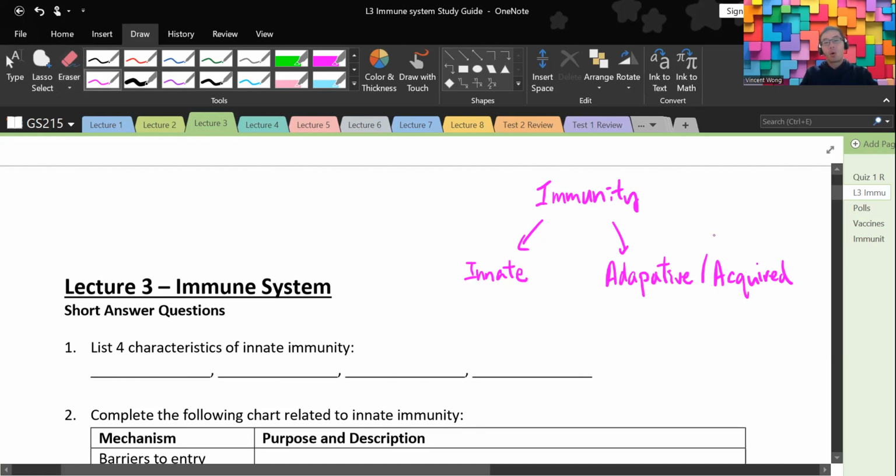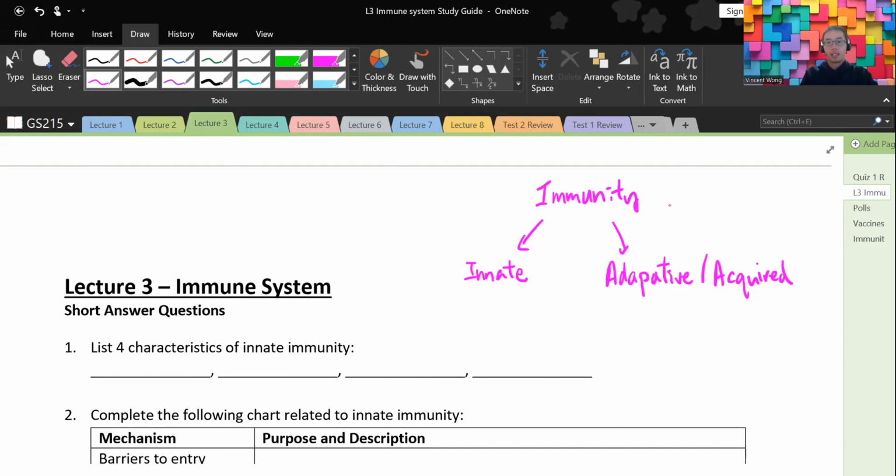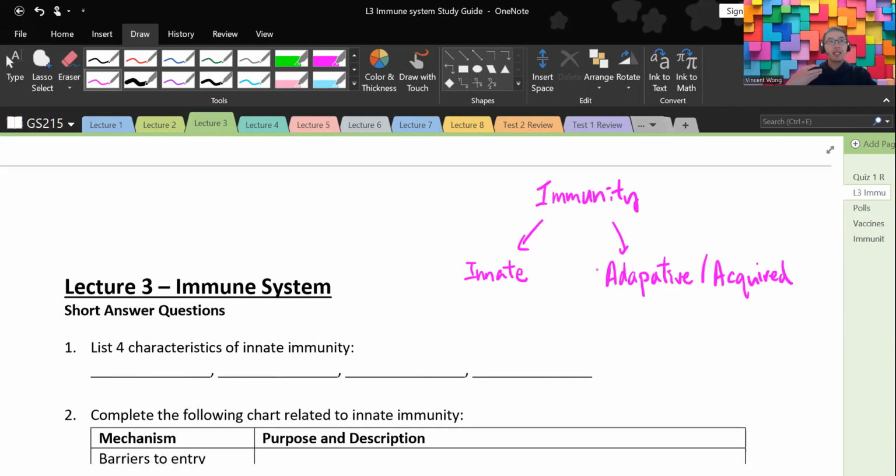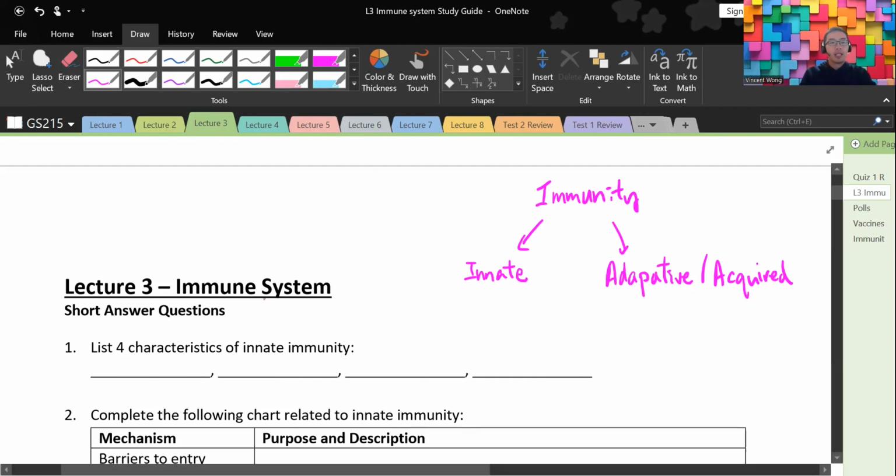The adaptive and the acquired is the one that will change throughout your lifetime. You actually have to be exposed to the pathogen before you have the ability to fight them off. That's why it's acquired, and it's adaptive in the sense that every time you encounter a new pathogen, you kind of add that to your immune system. And throughout the course of your life, the pathogen library, so to speak, that is within your immune memory is going to grow. So let's talk about the innate immunity first.